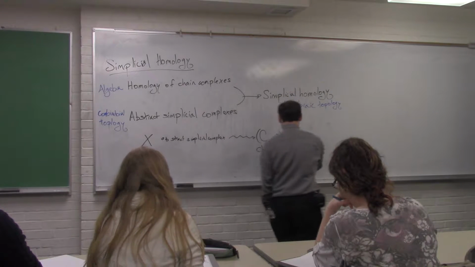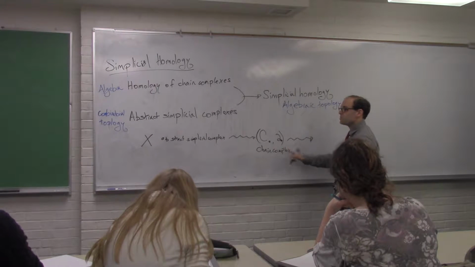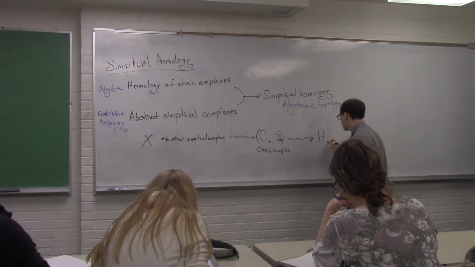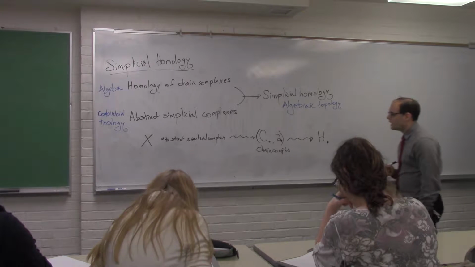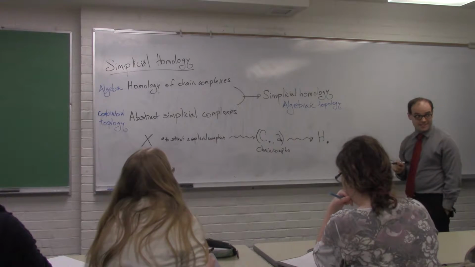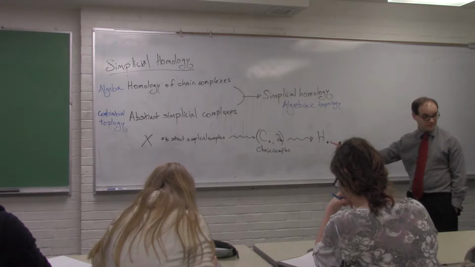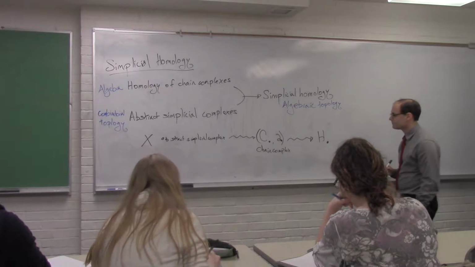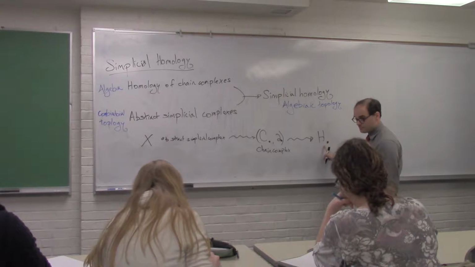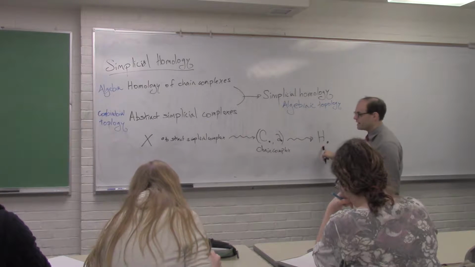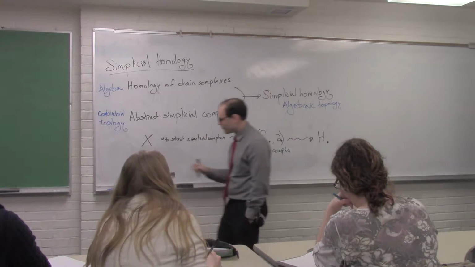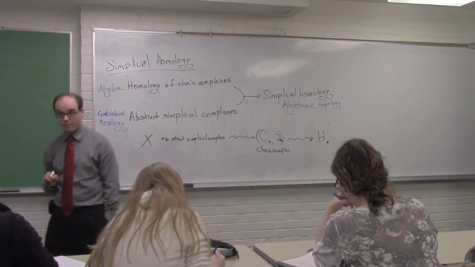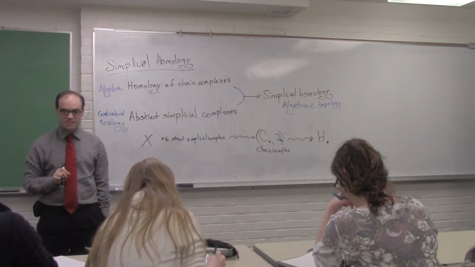And then that chain complex, well, then we know what to do with it. We compute its homology. And the idea is, if we do the squiggly arrows right, then this algebraic object should in some way reflect properties of the topological object.